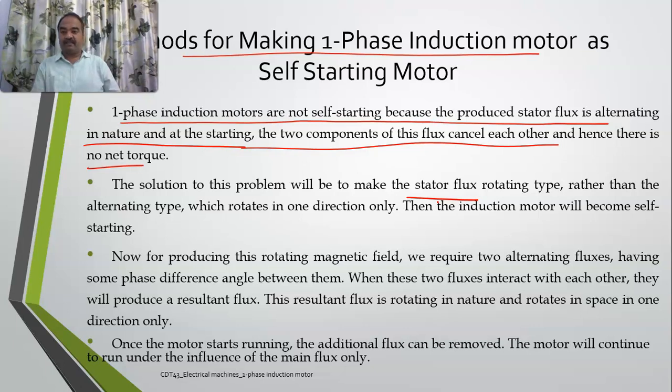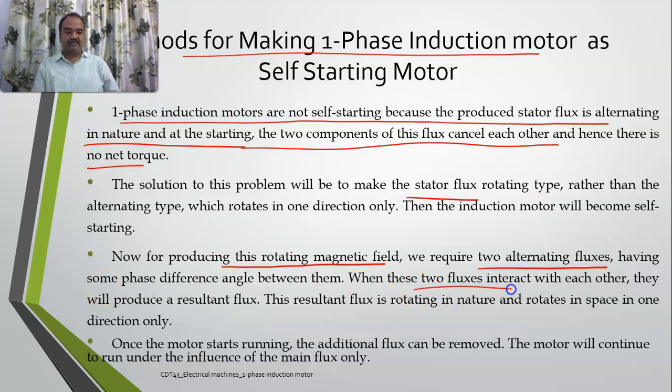So how to make it self-starting? For producing these rotating magnetic fields, we require two alternating fluxes with some phase angle between them. In three phase, we have three fluxes which differ by 120 degrees phase angle. Now here also, you are supposed to make it a two phase with some phase angle between them.